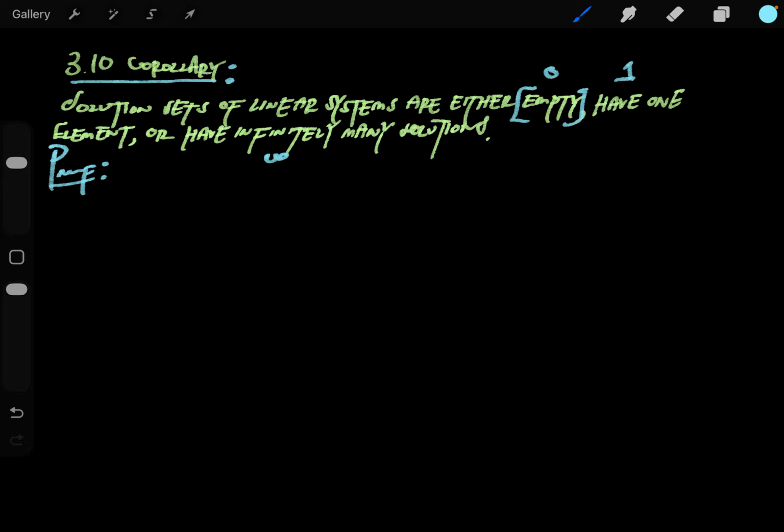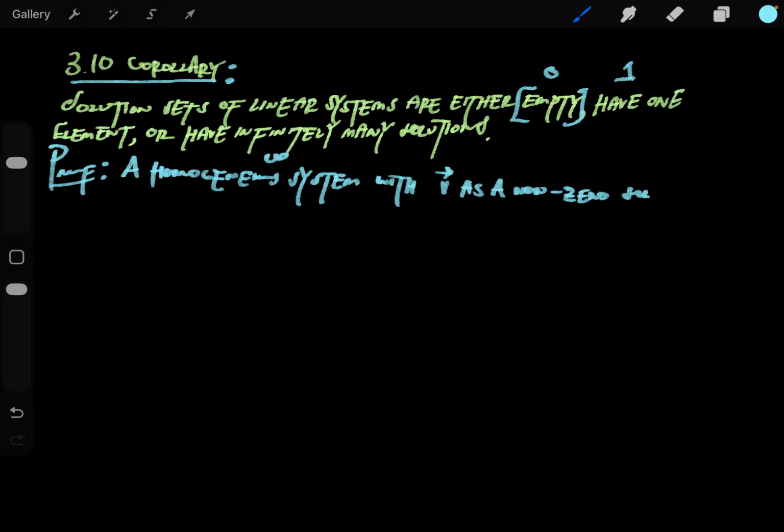Now, the first thing that we should see is that if we have a homogeneous system with, say, V as a non-zero solution, right? So it's not the zero vector.